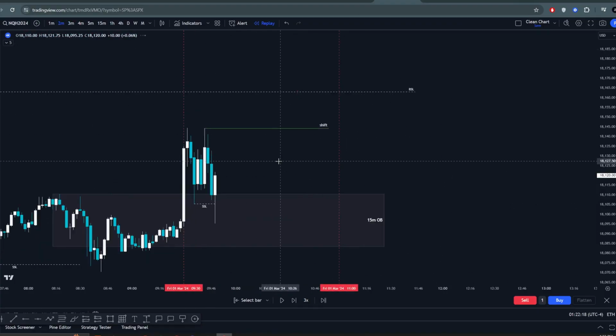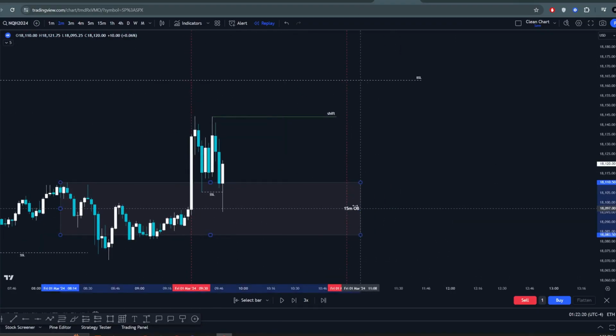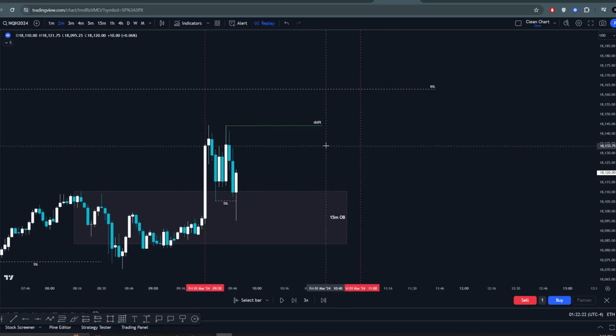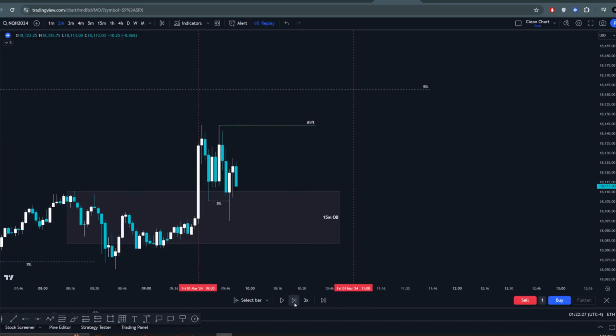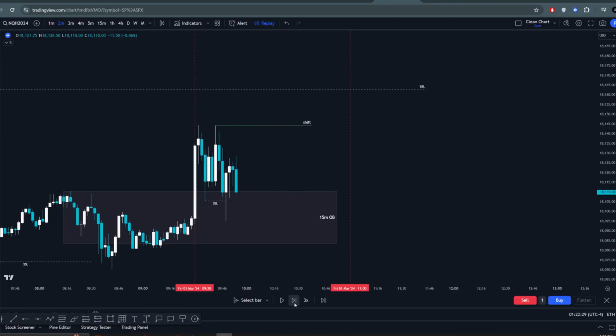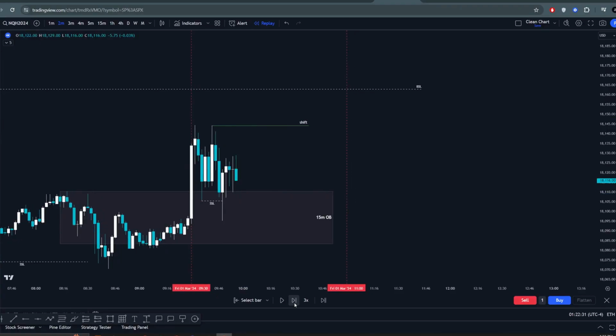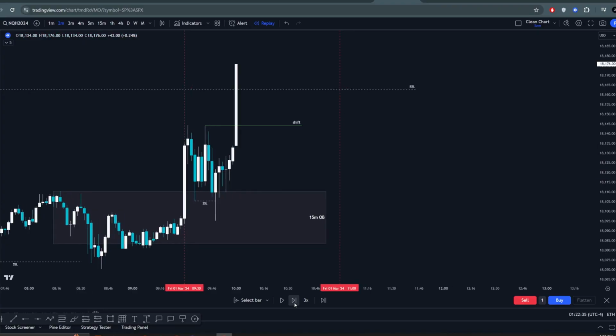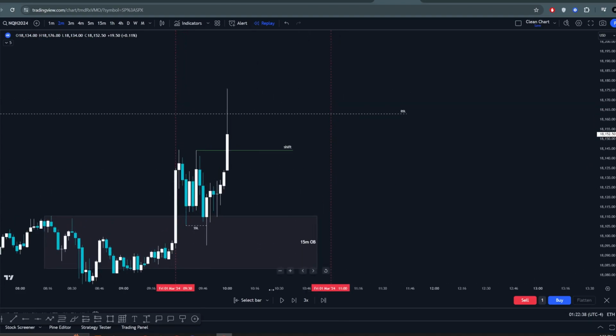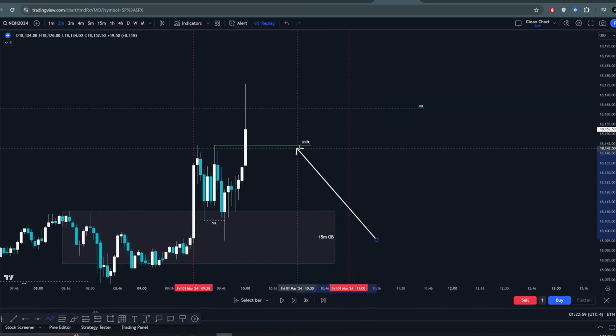Alright, so let's look into the 2-minute time frame to see if we have any fair value gaps. Alright, so we are waiting for a market structure shift, and we have it. We have here market structure shift.